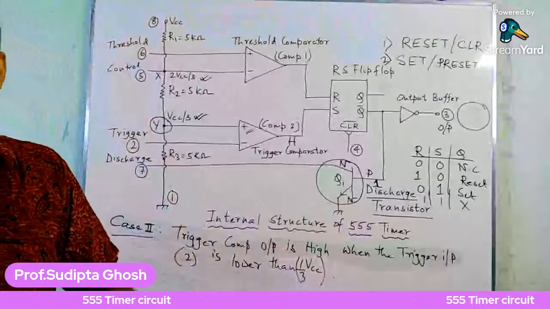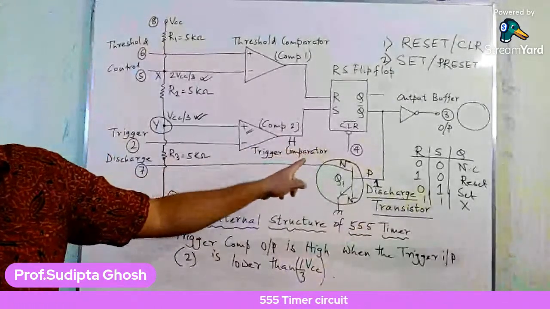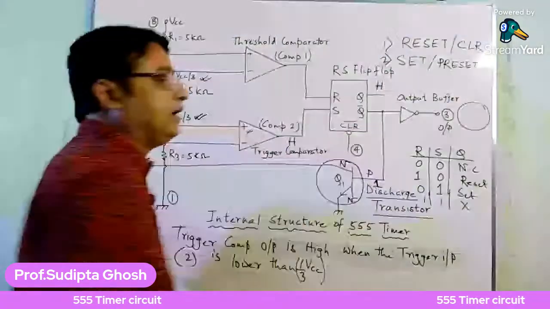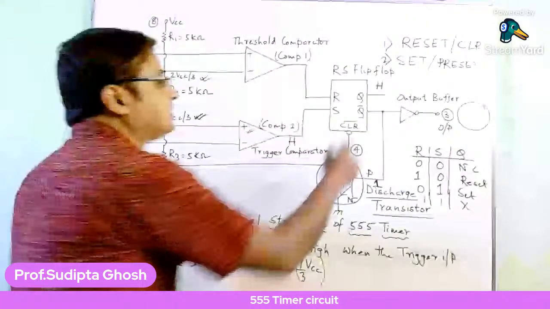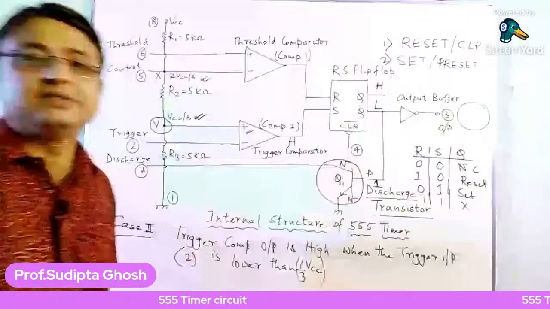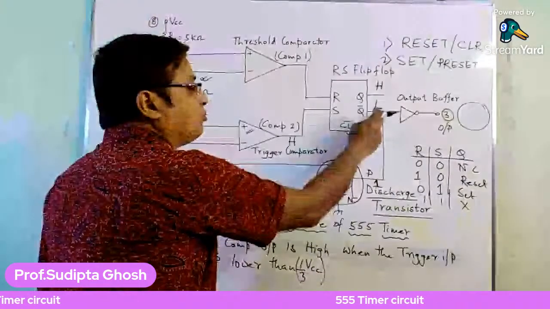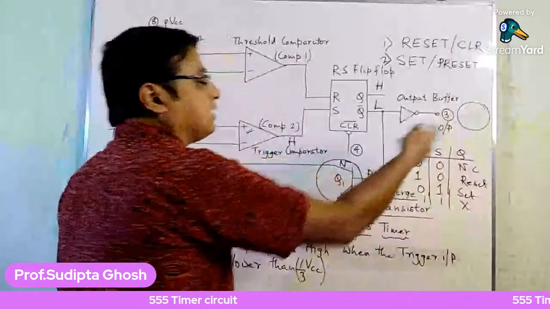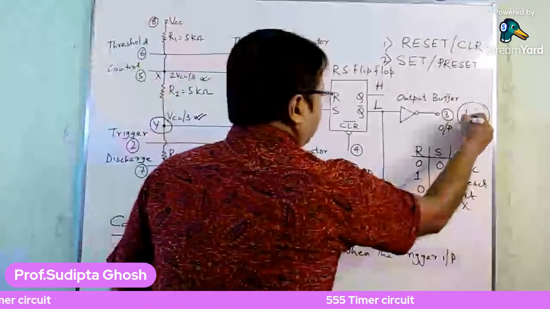That means when the trigger comparator goes high, the output Q will be high. That implies Q bar is low, and if this is low, then the buffer output, the output at terminal number 3, will be high.